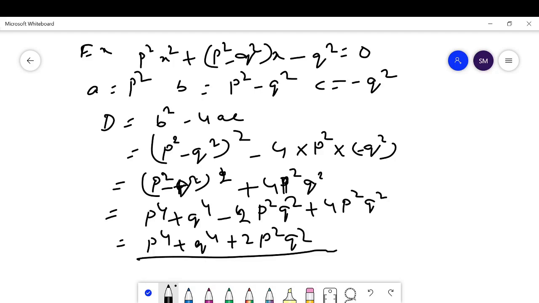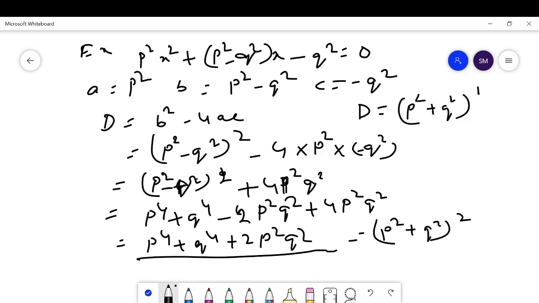This means this is a plus b whole square. This is equal to p square plus q square whole square. Here we get D is equal to p square plus q square whole square.